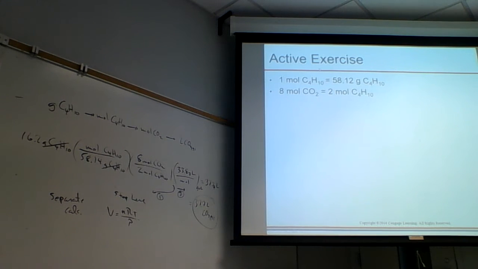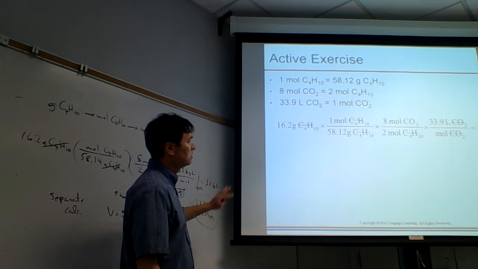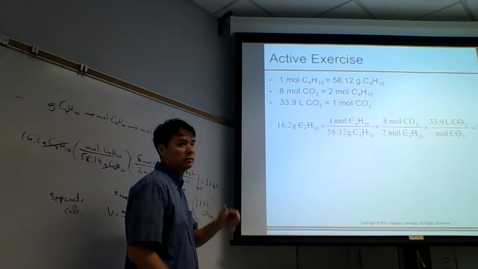They calculated molar mass 58.12. We got 58.14. There's a slight difference there if you round off. And they calculated 37.8. I got 37.7. So this difference is rounding. That's it.